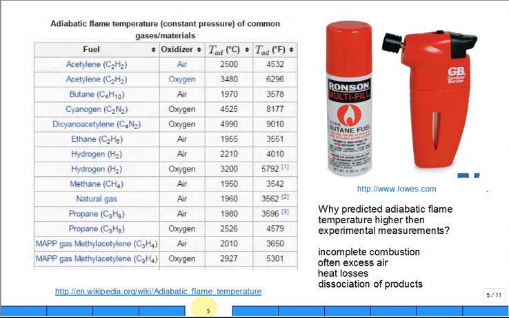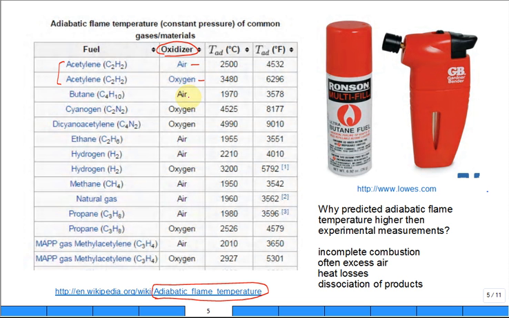You can go out to the literature and find where people have reported the adiabatic flame temperature for different fuels. First of all, you'll notice, let's say right here, the fuel acetylene, used a lot in cutting torches. You can use it where the oxygen is coming from either air or pure oxygen.